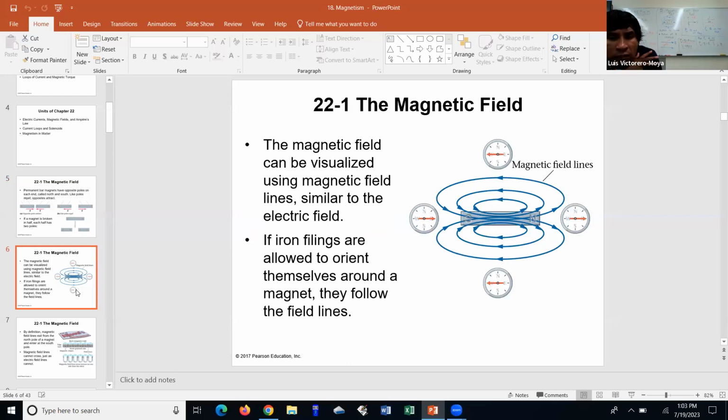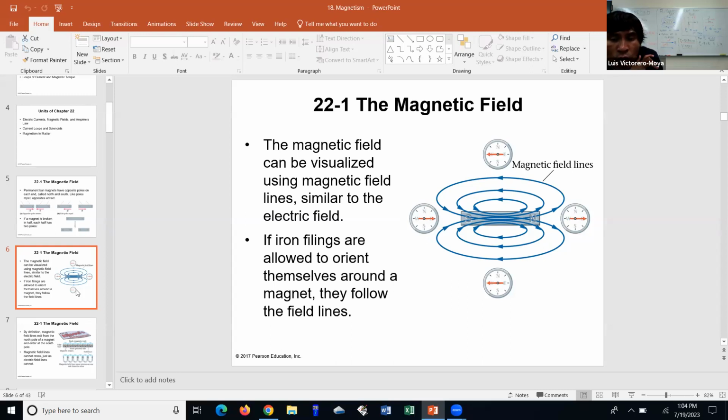The magnetic field is represented by lines similar to the lines that you drew for the electric field. The difference is that we can map these magnetic field lines using iron filings or a compass, as you see on the screen.